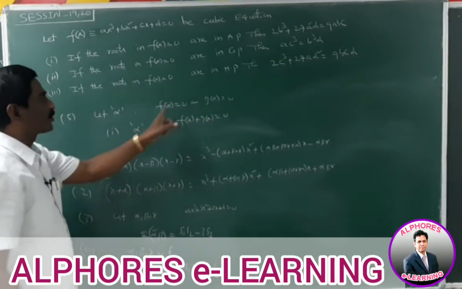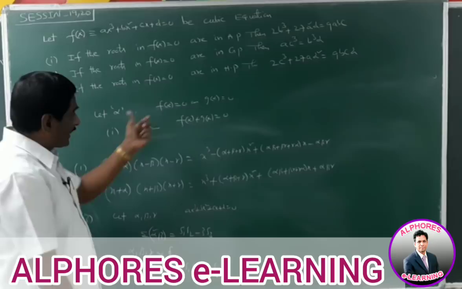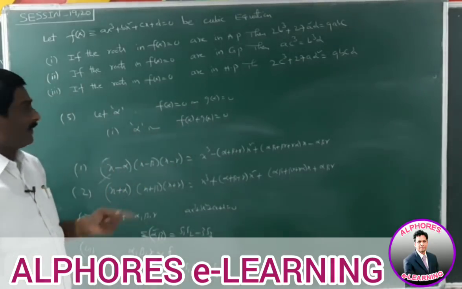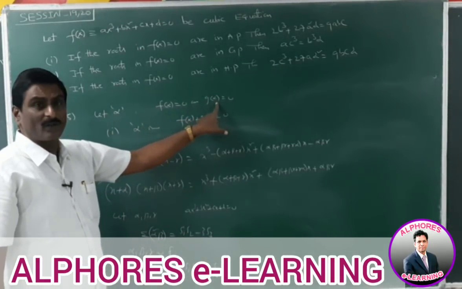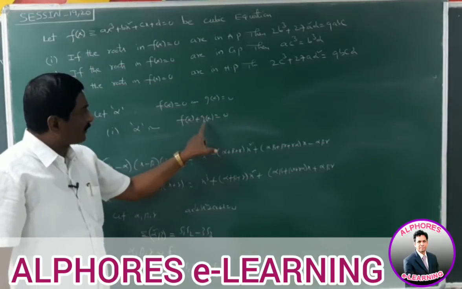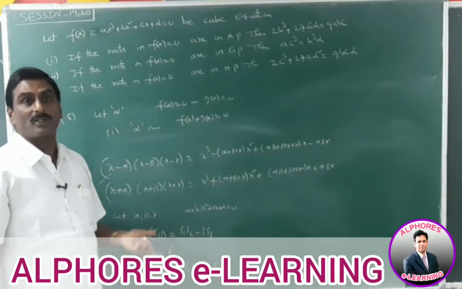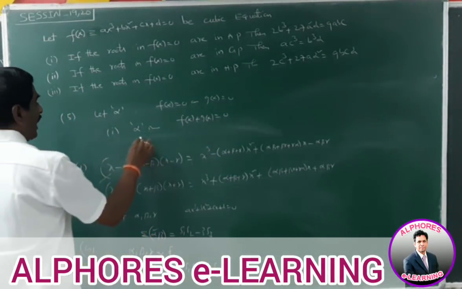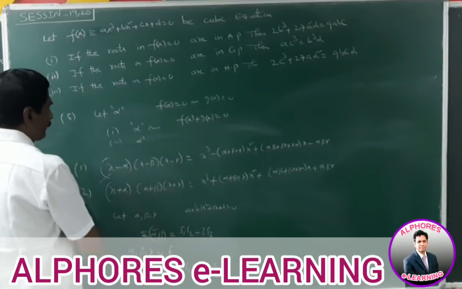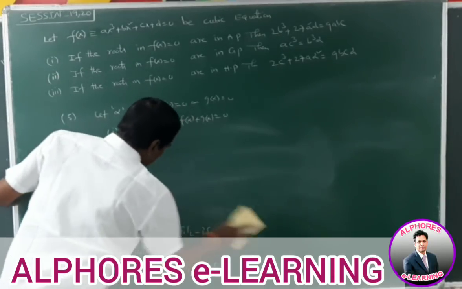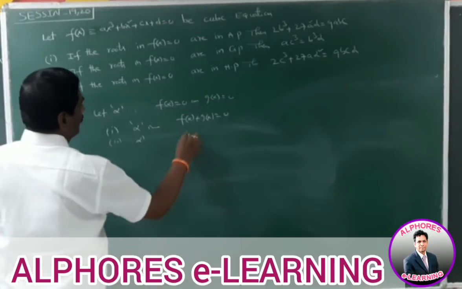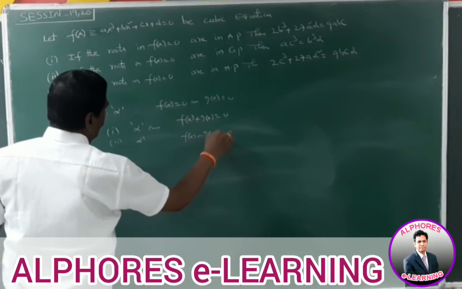By adding these two polynomial equations, that equation also satisfies alpha. Here f of alpha is equal to 0, g of alpha is equal to 0. By substituting alpha, f of alpha plus g of alpha is equal to 0, 0 is equal to 0. So it is true. Similarly, alpha is also a root of f of x minus g of x is equal to 0.